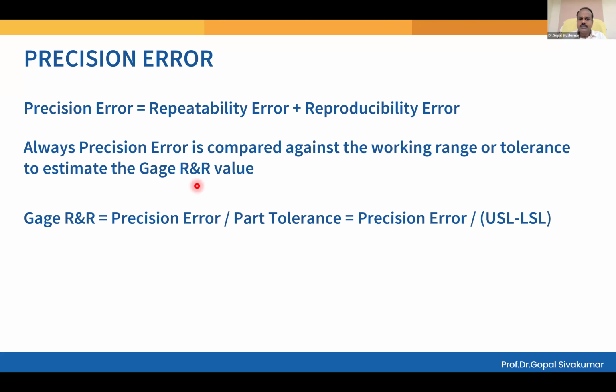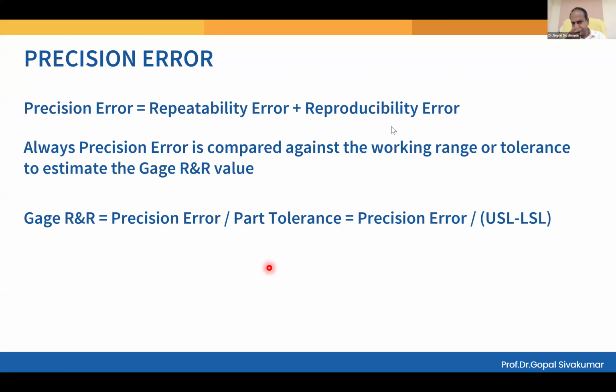So, gauge R&R means precision error divided by tolerance. Tolerance is always the difference between USL and LSL. Can you see a ratio here? Precision in the numerator, tolerance in the denominator. The precision tolerance ratio is known as gauge R&R, where R&R stands for repeatability and reproducibility error.